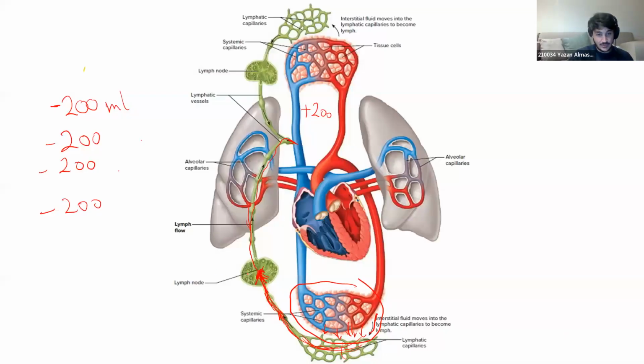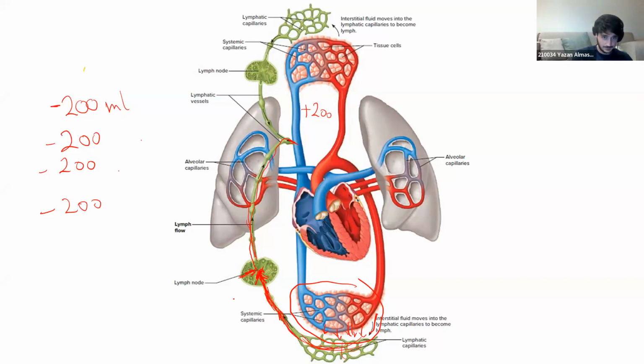A lymph node is basically here, and it's a place where things will be filtered. It's where we have the lymphocytes to identify any bacteria, any infection, any pathogen. We're going to have this part entering and this part leaving.